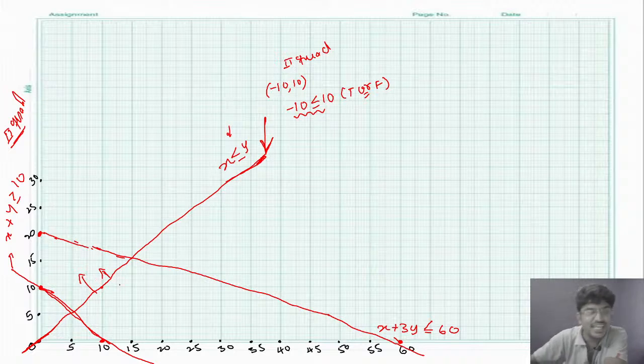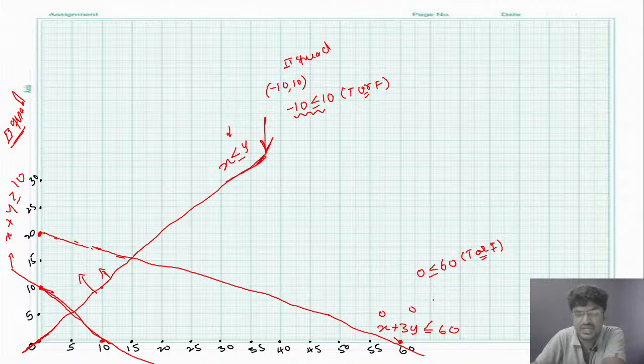Okay. Next you see here. You put 0 and 0 in the x and y place. So it will give 0 is lesser than or equal to 60. True or false?